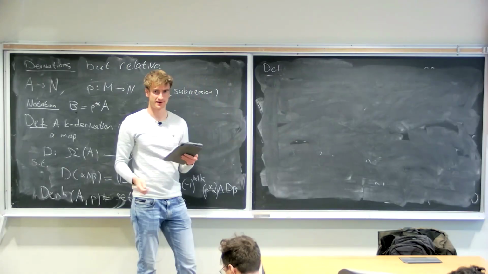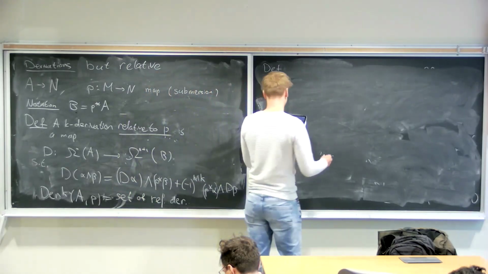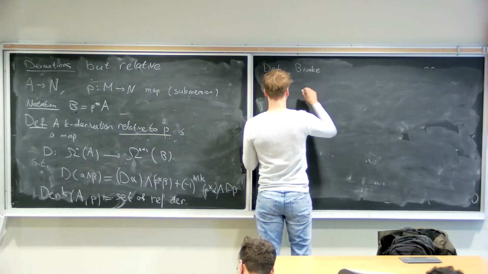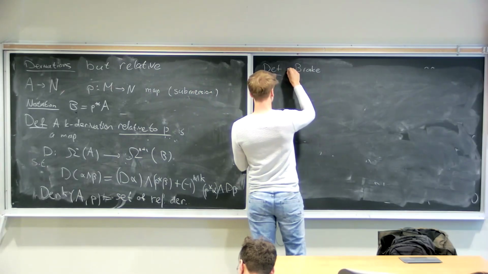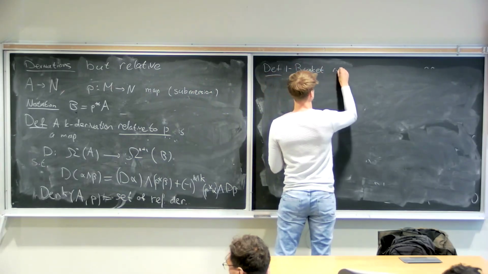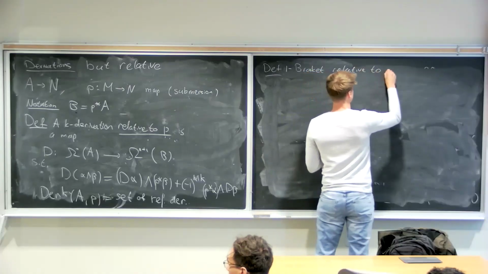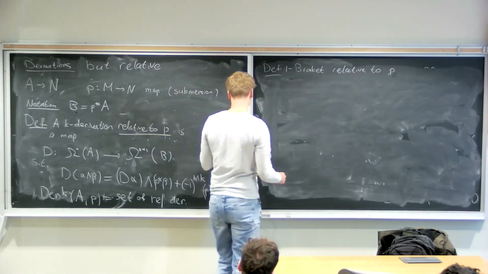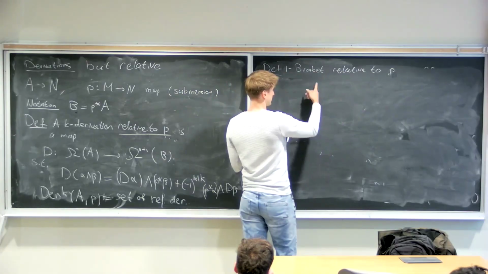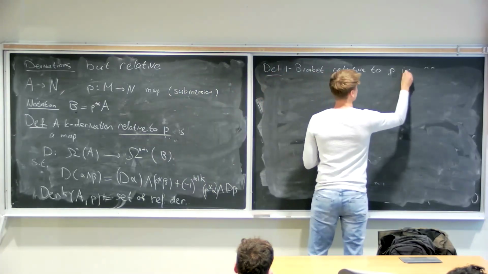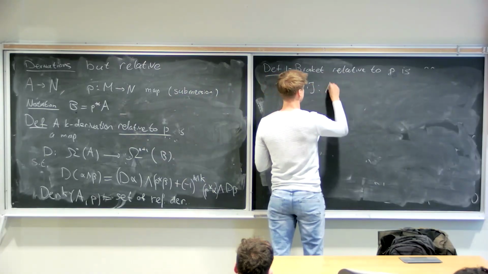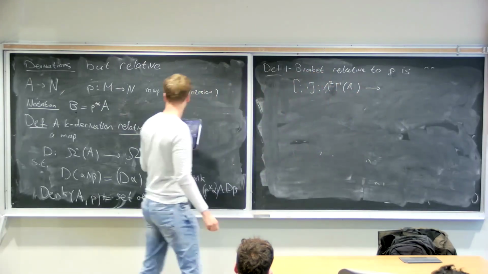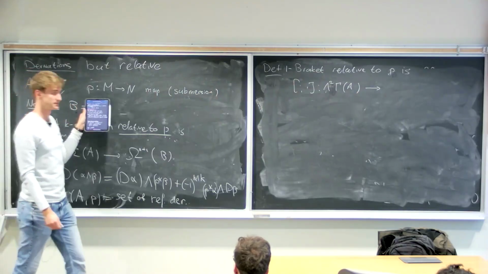In addition to K derivations, we also have K brackets, or relative brackets. I'm just going to write it down for one bracket. We are still in the same setting with a vector bundle P and B the pullback, and a bracket relative to P is now a bracket that takes two sections of A and results in a section that depends on the additional variables of the fibers.